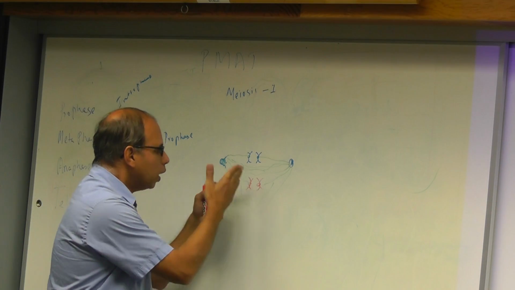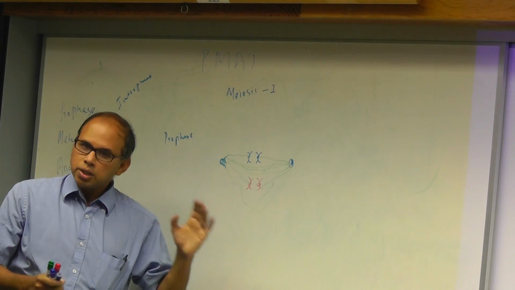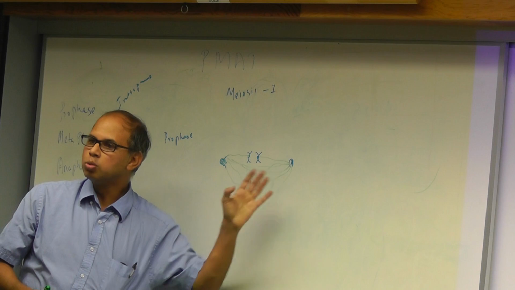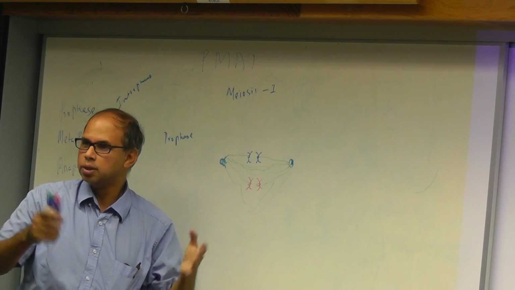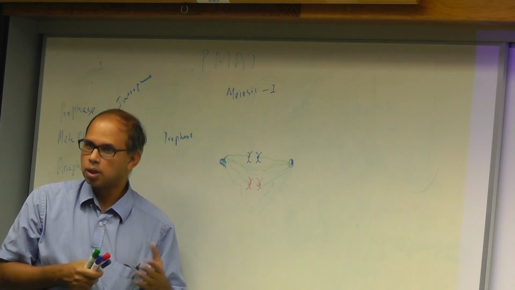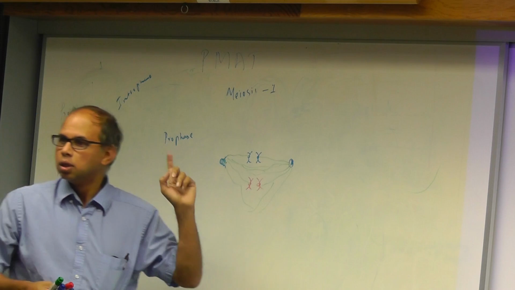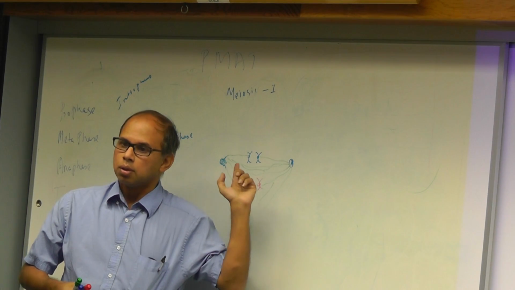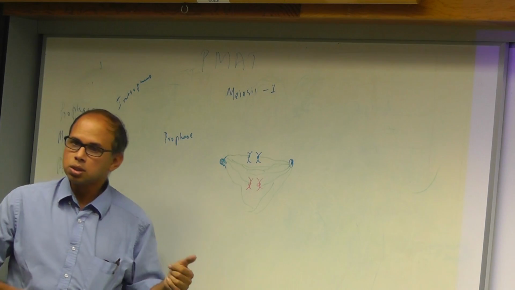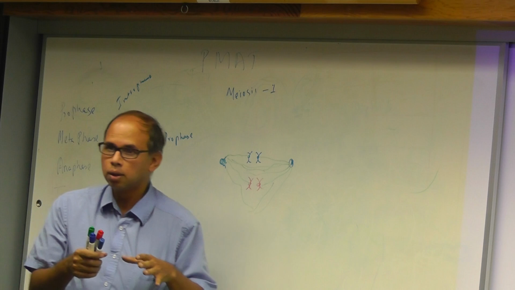And so now, instead of having 46 different chromosomes, how many chromosomes would you have on the two sides? 23. That's right. 23, but what is the difference between this chromosome and what happened in mitosis, apart from the fact that one is 46 and the other is 23?